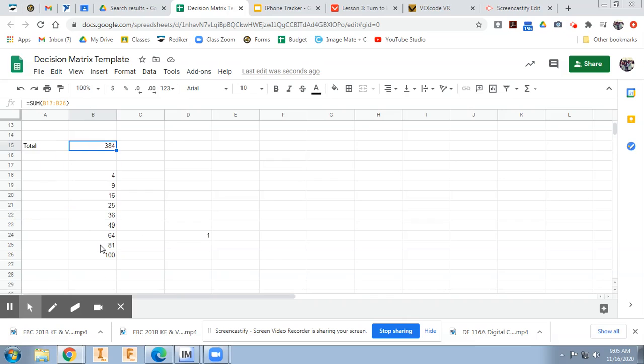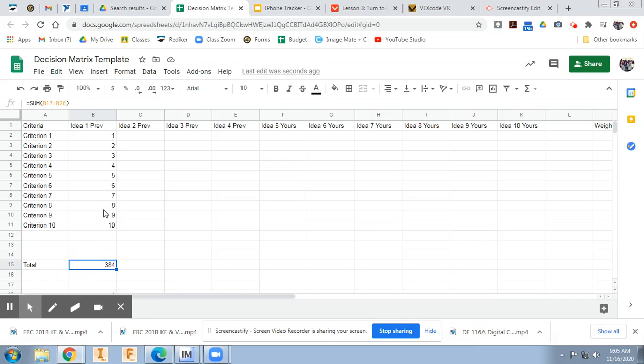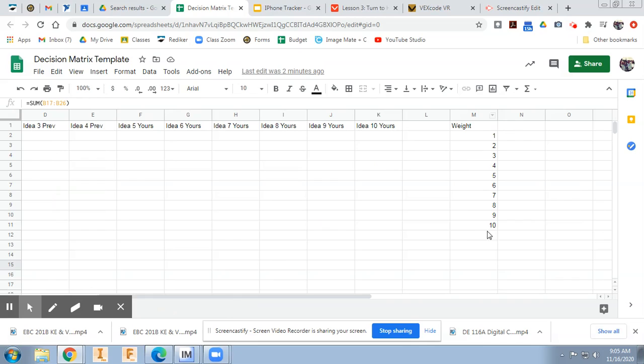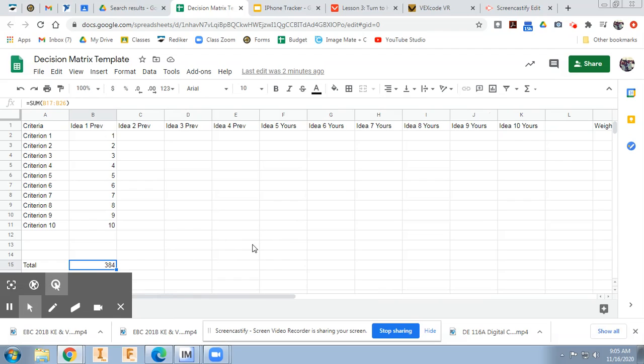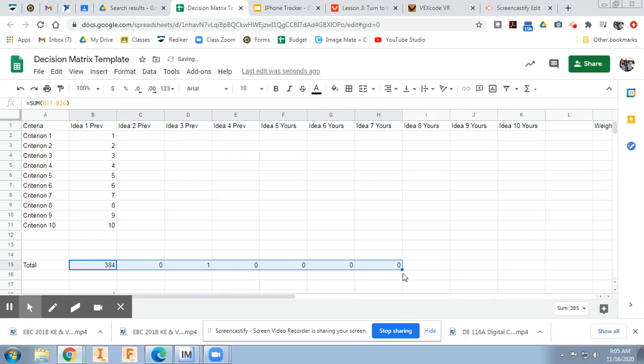This is adding up all of these. So it's a total of points of the first idea where each criterion is rated and multiplied by how important it is, which is known as its weight. You will have to do some clever manipulation of dragging things around and whatnot to get them to be all in the right spot.